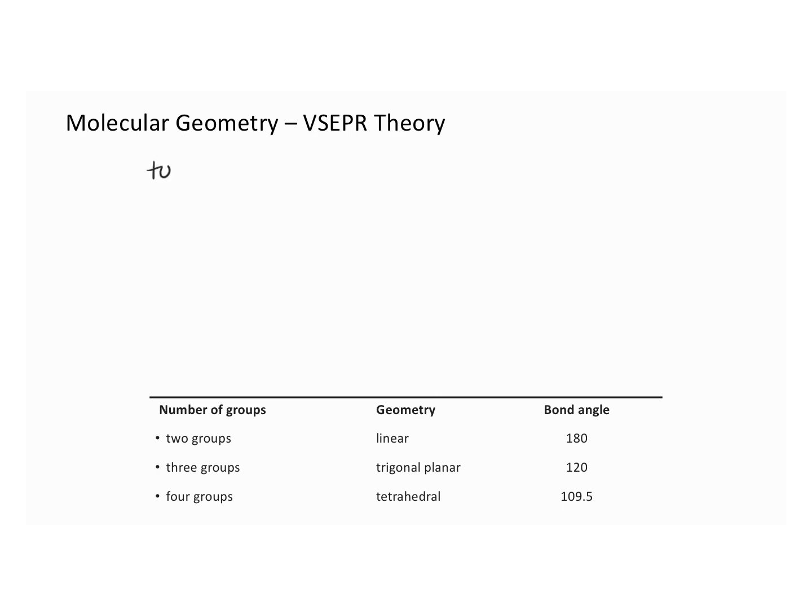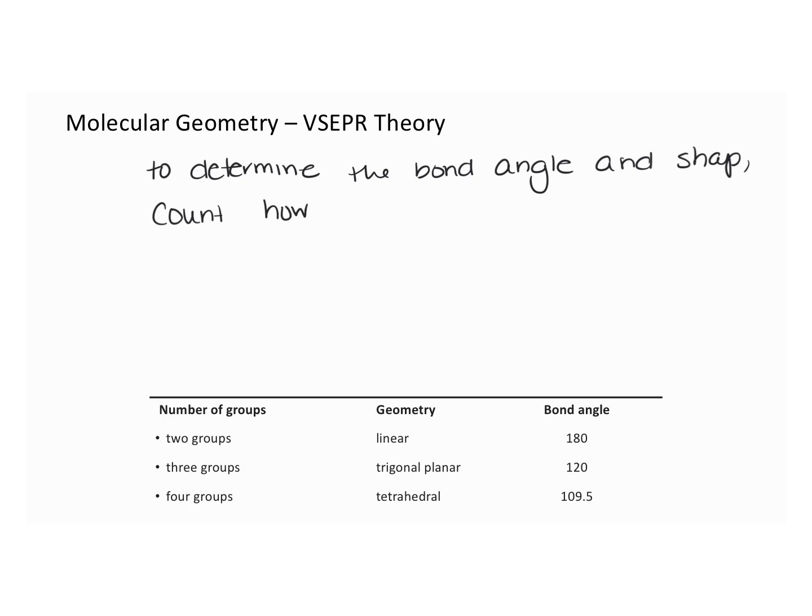So to determine the bond angle and shape, count how many groups surround the atom.